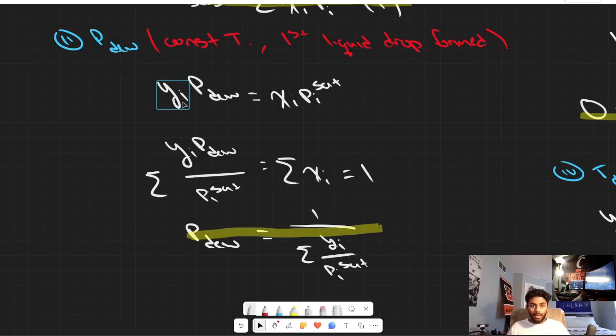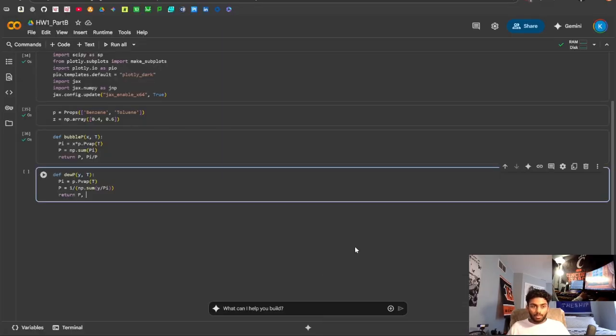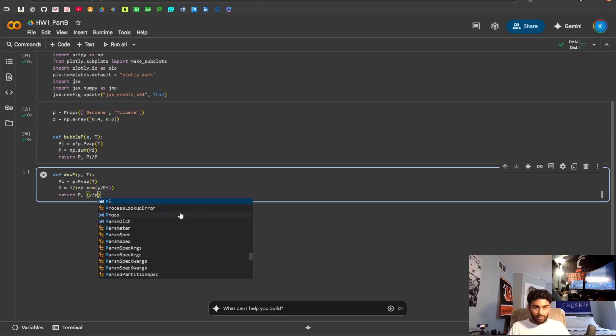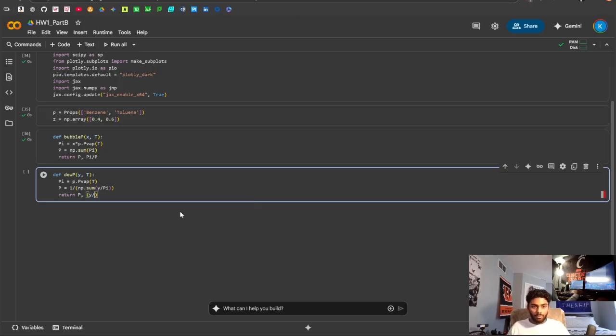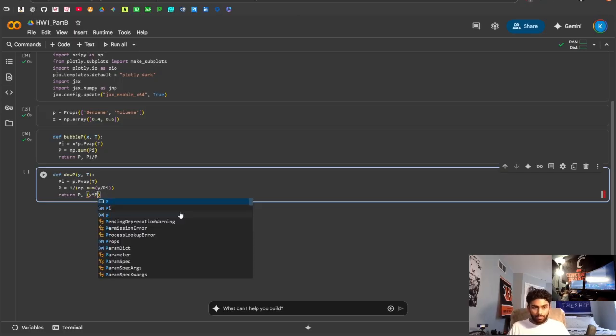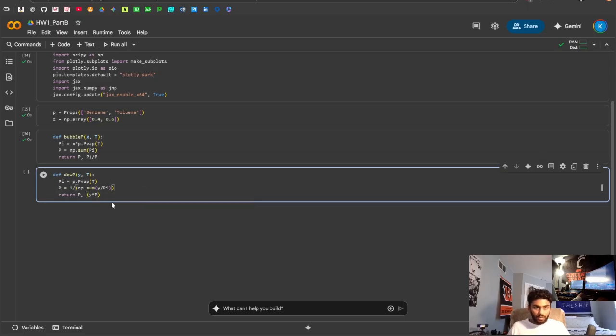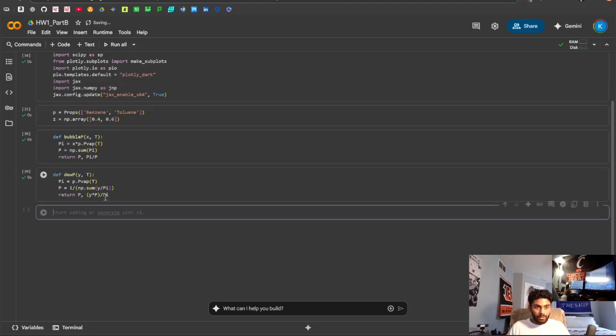And we will get that by multiplying our y's by our dew pressure, dividing it by our pi sat. So it'll look something like y times our dew pressure divided by our pi sat.